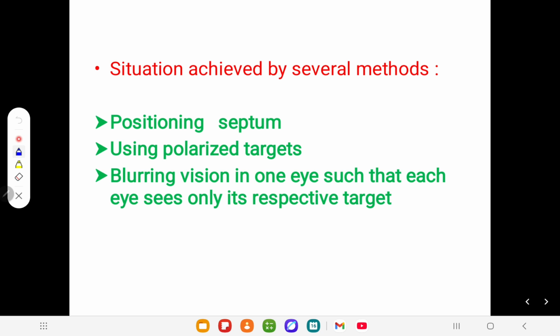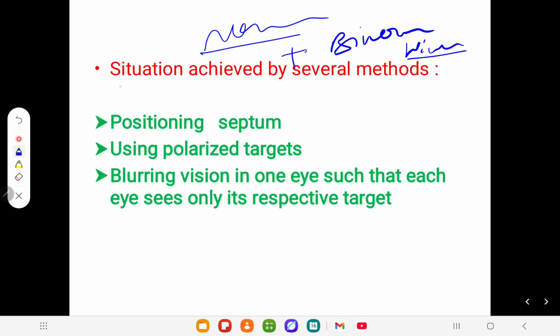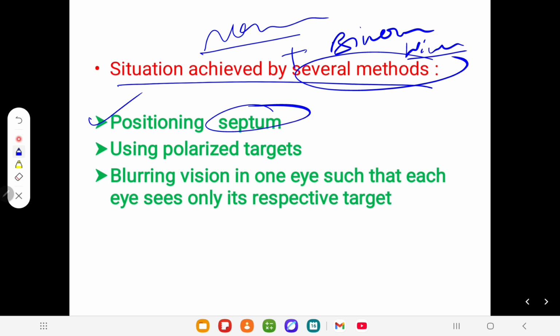So the situation achieved is monocular subjective refraction plus binocular viewing, isn't it? This situation is achieved by several methods, and we are going to discuss those methods in several other videos. We can place a septum, positioning a septum between the two eyes.